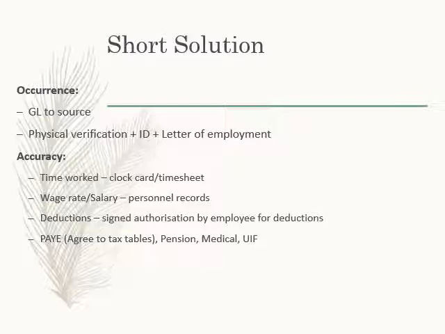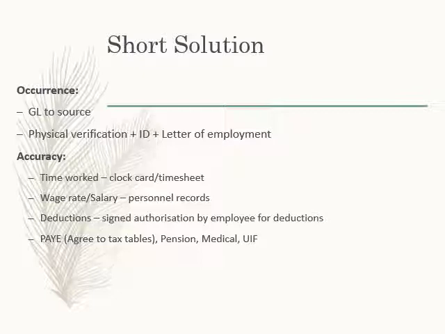Okay, so if the auditor wants to recalculate the pay as you earn, okay, we're going to have to do a recalculation of the employee's taxable income, okay, and then we get the tax rates that are applicable to this employee according to the latest tax tables that are available.